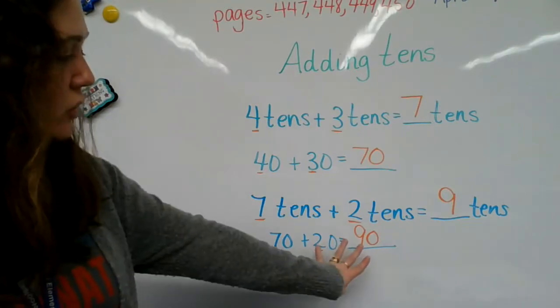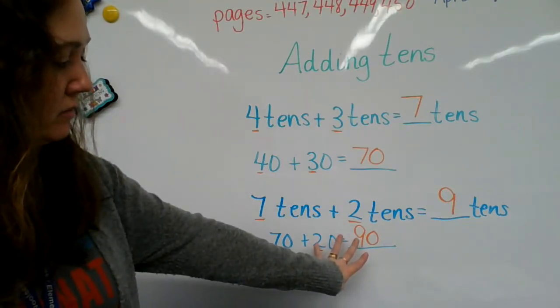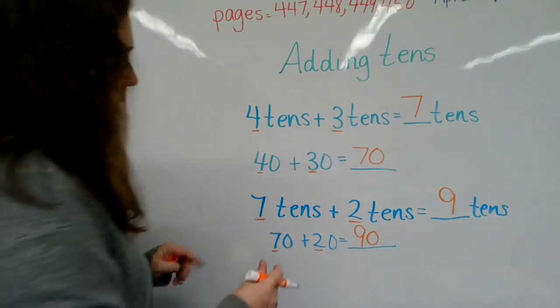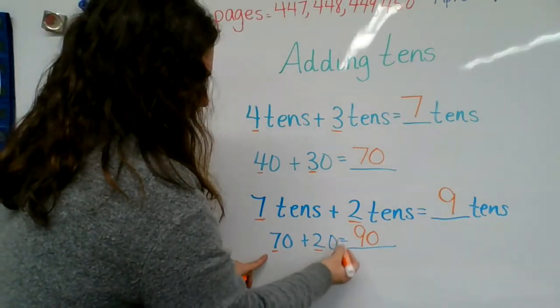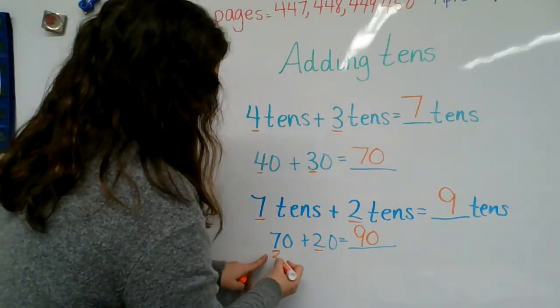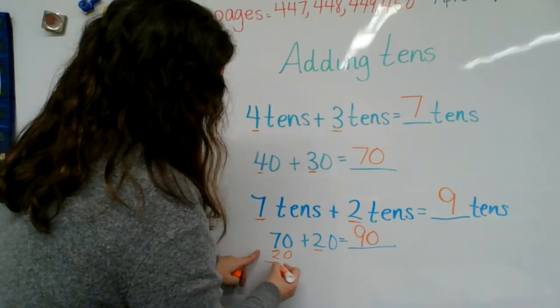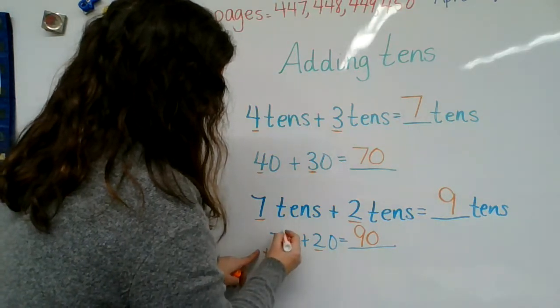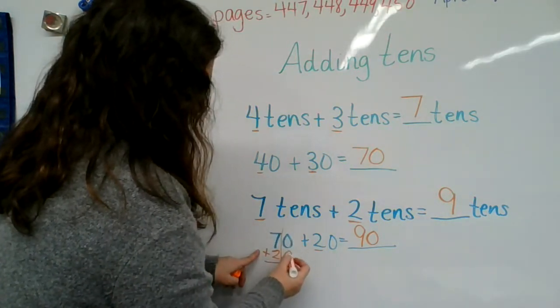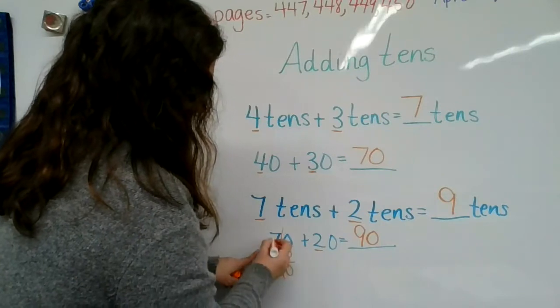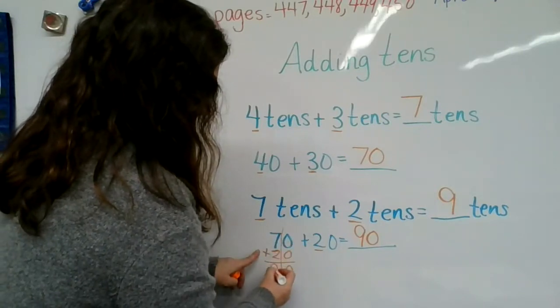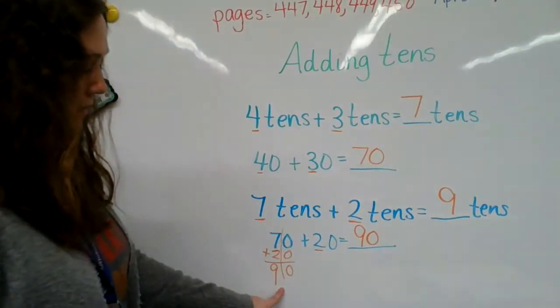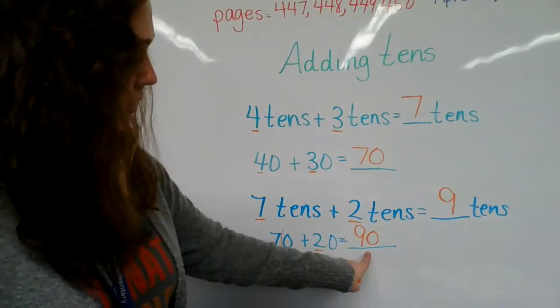If you're having trouble doing it this way, what you can do is take this number and put it under here. Zero plus 0 is 0. 7 plus 2 is 9. And now I have 90, but then I need to write it over here.